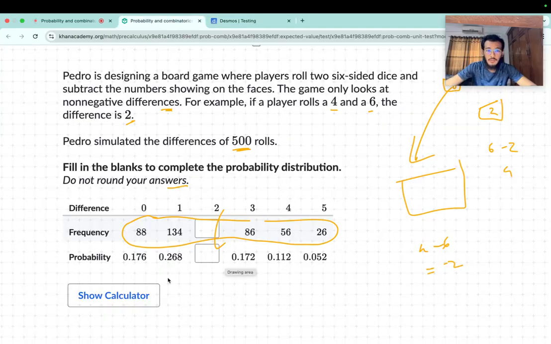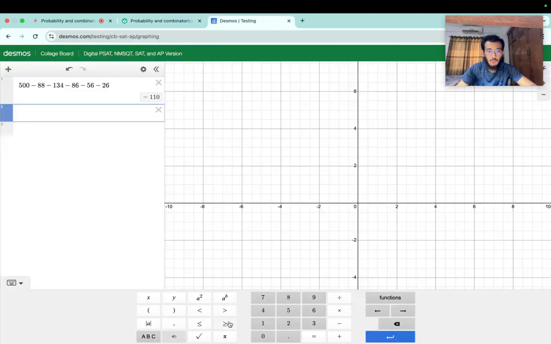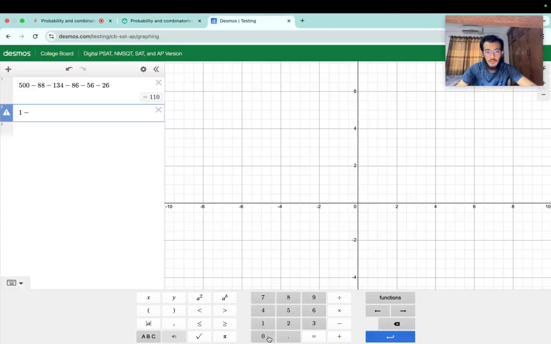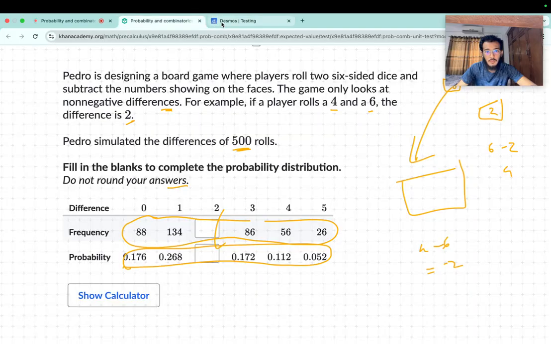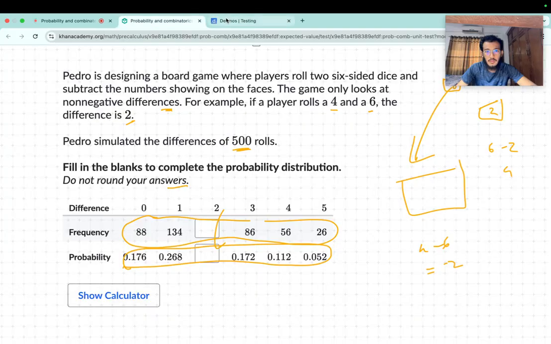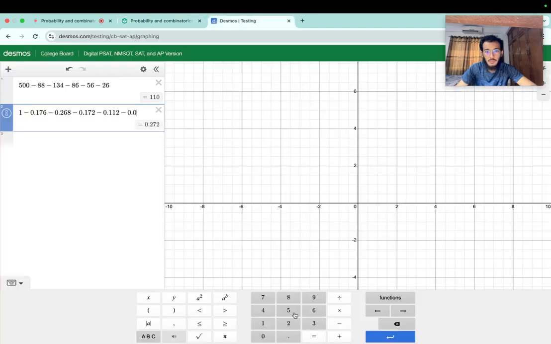And we know that the summation of probability is 1. So this thing will be equal to 1 minus all of these values, which is 0.176, minus 0.268, minus 0.172, minus 0.112, minus 0.052.